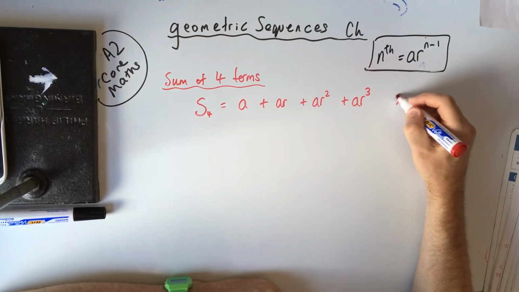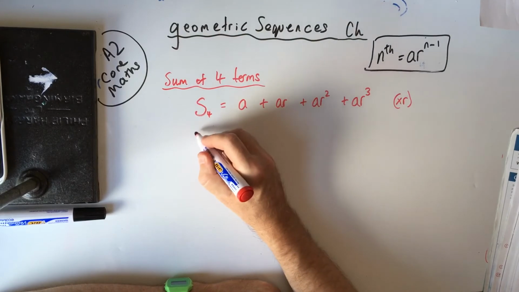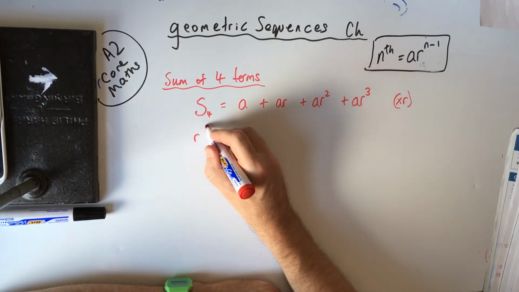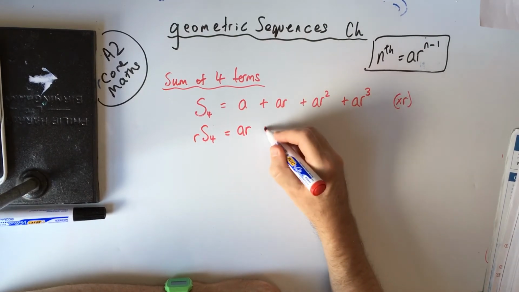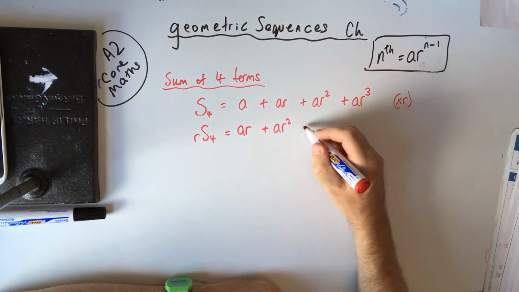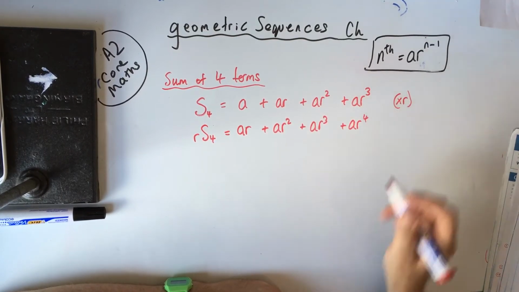If we times everything by r in this equation, we get r times the sum of 4 terms is equal to ar plus ar squared plus ar cubed plus ar to the power of 4.